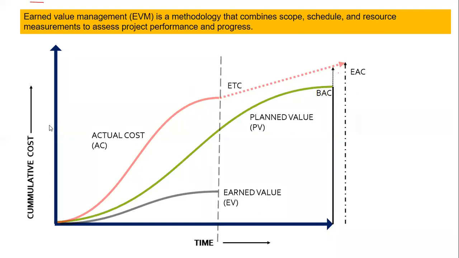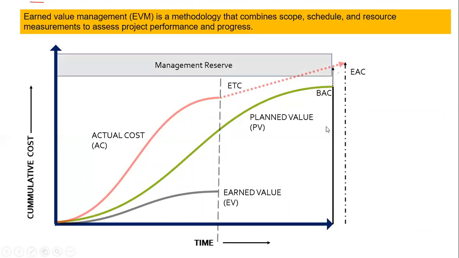So if the customer is asking for more value, it doesn't add any value to your functioning organization because you have now overrun the budget and you need more budget. So there is a concept called management reserve.